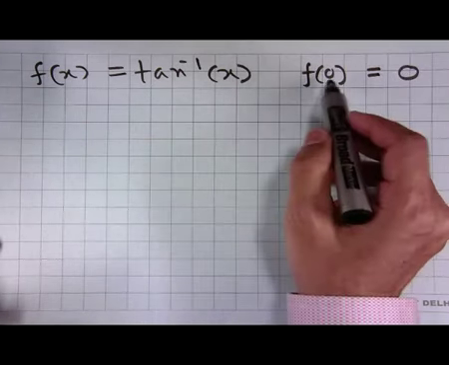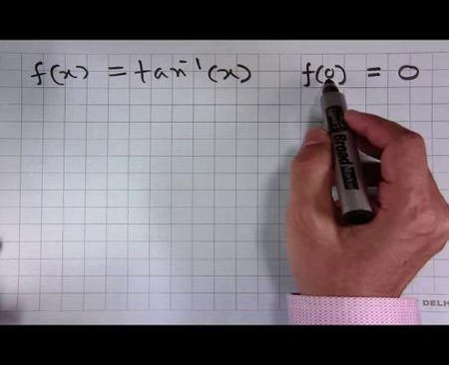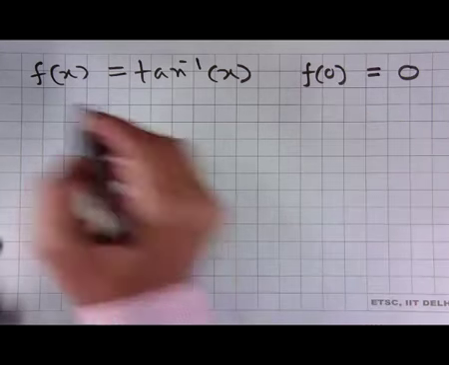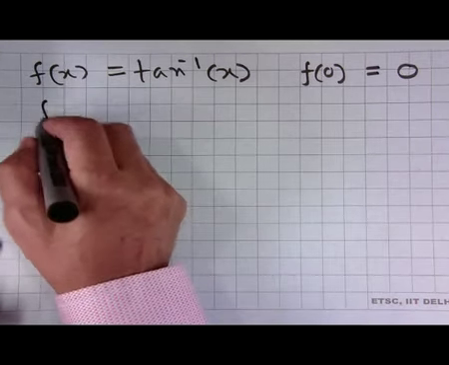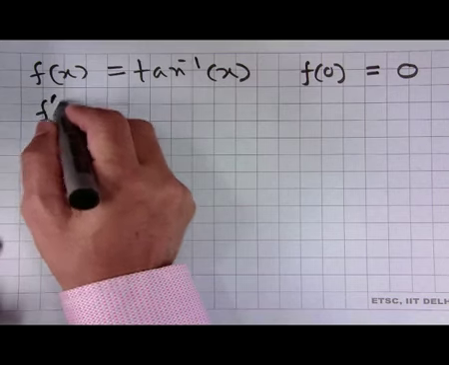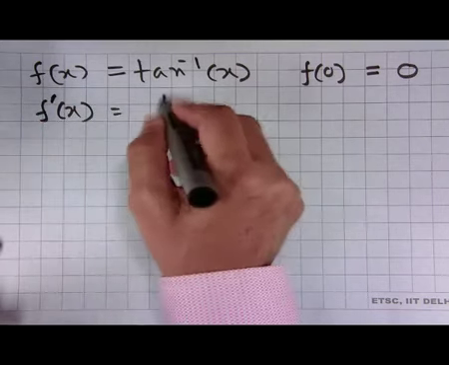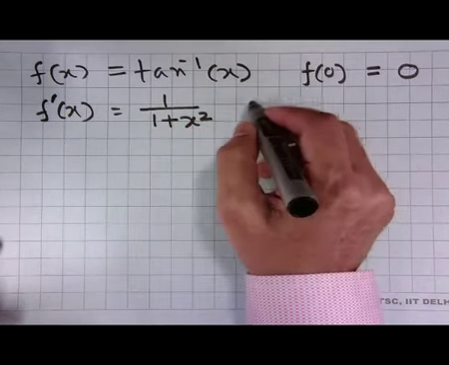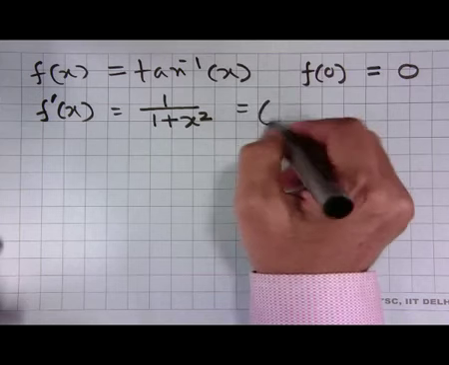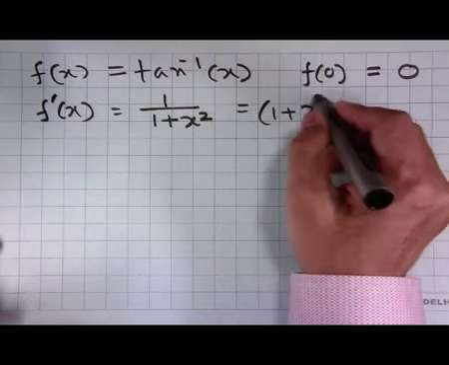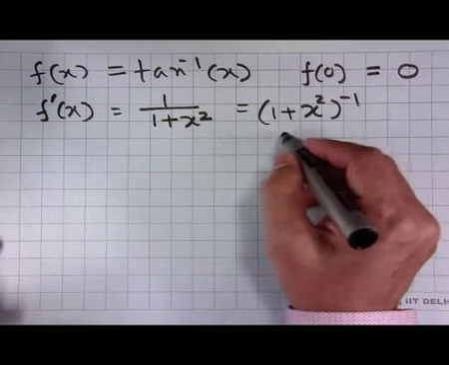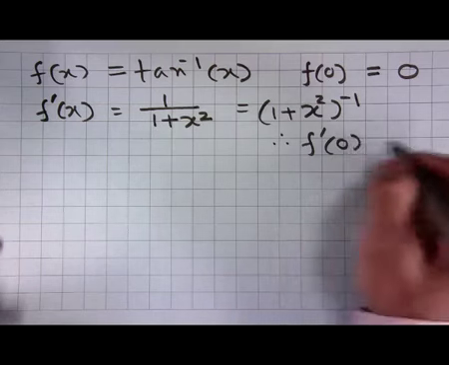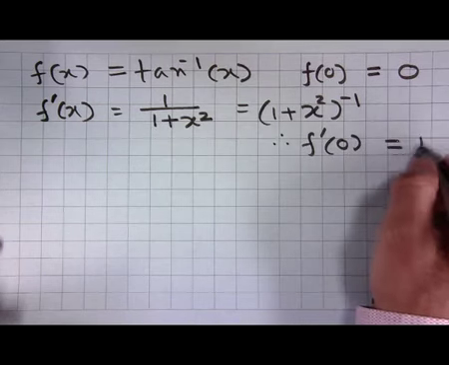It is clear that we have taken a to be 0, that is, we are expanding the series about 0. f prime x is equal to 1 upon 1 plus x square, which is 1 plus x square to the power minus 1. Therefore, f prime at 0 is equal to 1.